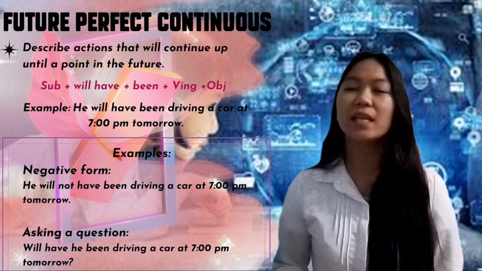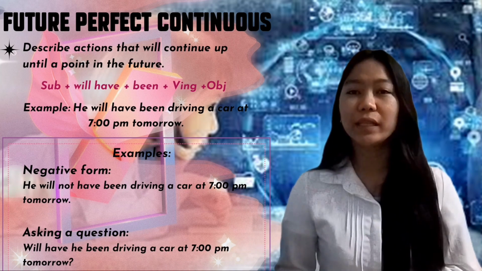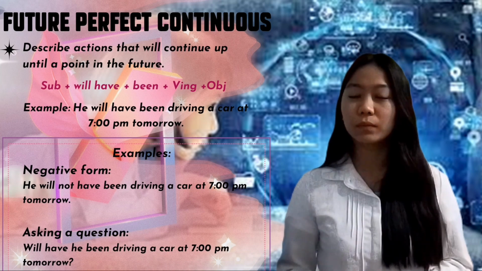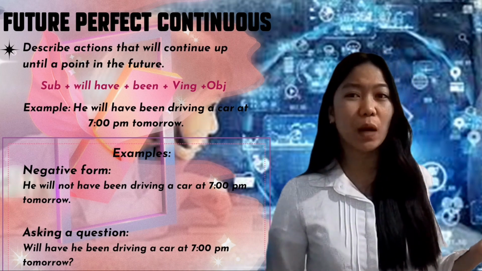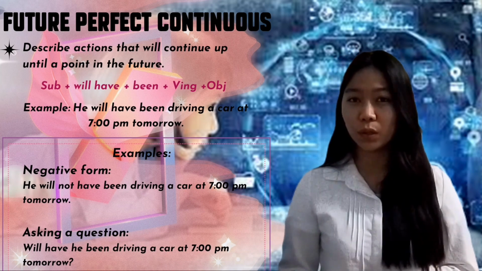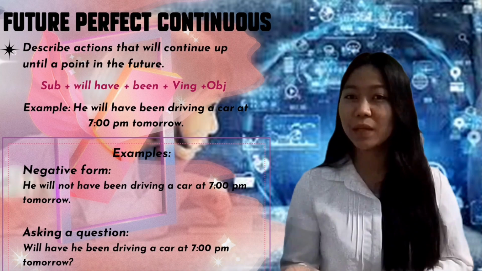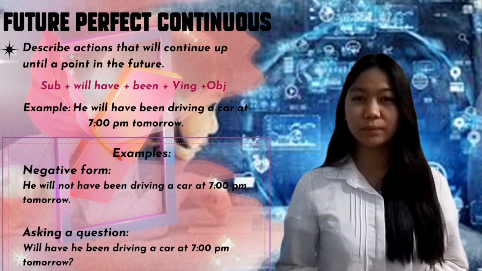Now, let's make it negative. It is simply: he will not have been driving a car at 7 p.m. tomorrow. To make it a question: will he have been driving a car at 7 p.m. tomorrow? So, will plus subject plus have plus been and the present participle.